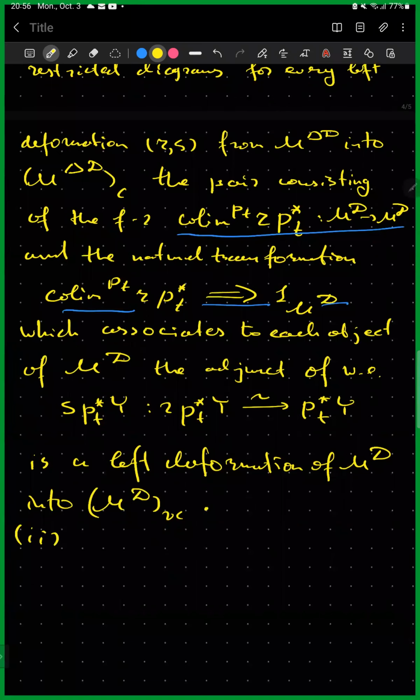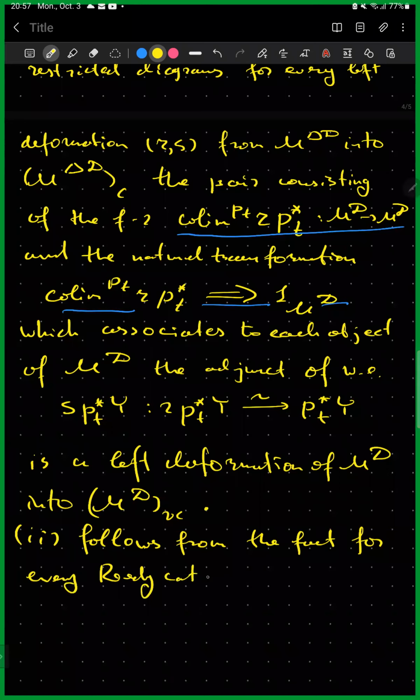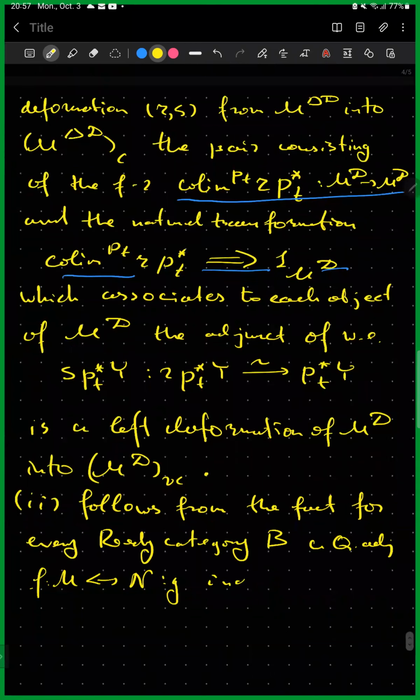The second point follows from the fact that for every rigid category B, an equivalent adjunction FG induces an equivalent adjunction between categories of diagrams.